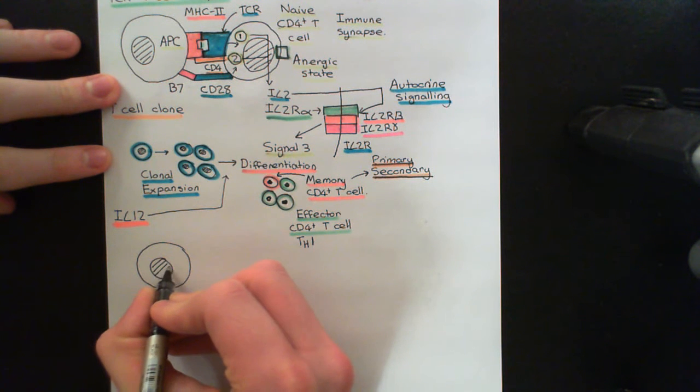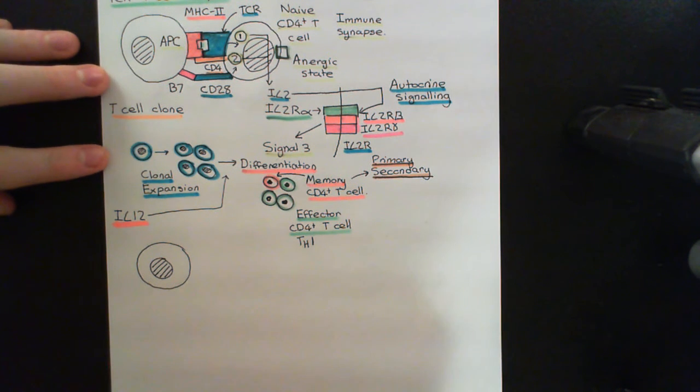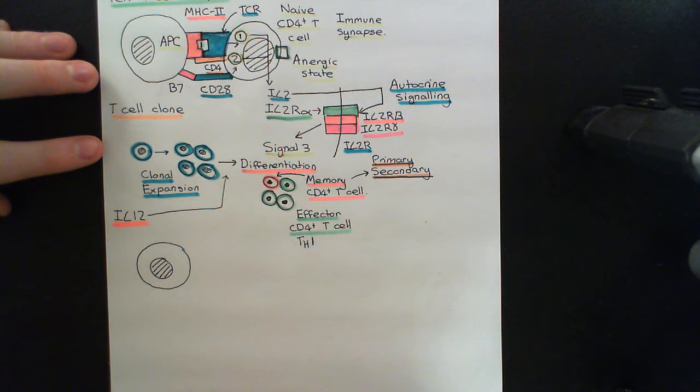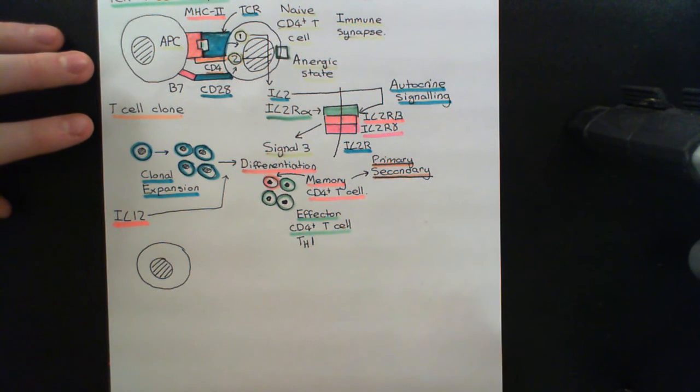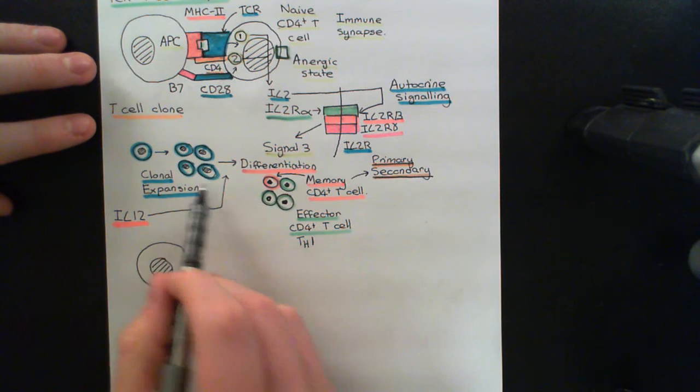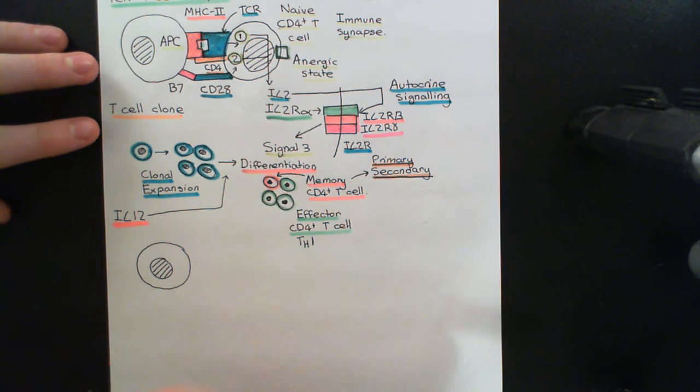So one thing that I want to mention is a molecule that these T helper 1 cells are going to express on their surface, which is really important. And this actually isn't specific to T helper 1 cells. All of the effector helper T cells produce this molecule and express it on the surface once they've differentiated into effector helper T cells.